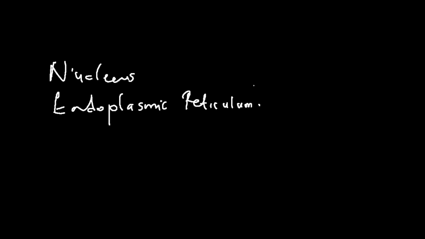The endoplasmic reticulum is another structure, another organelle that we have in the cell. The major function of the endoplasmic reticulum is to help in carrying out what we refer to as protein synthesis. That is the function of the endoplasmic reticulum.